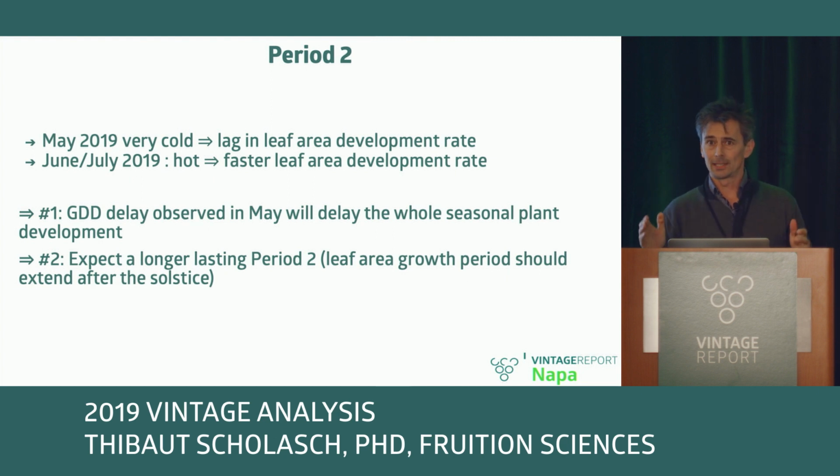And it also means that by the end of May, we already knew that we were going to have a longer lasting period 2, simply because we had accumulated so much delay in May. Which means in terms of canopy manipulation, we could already be set up for postponing our canopy manipulation, at least from a leaf architectural standpoint.